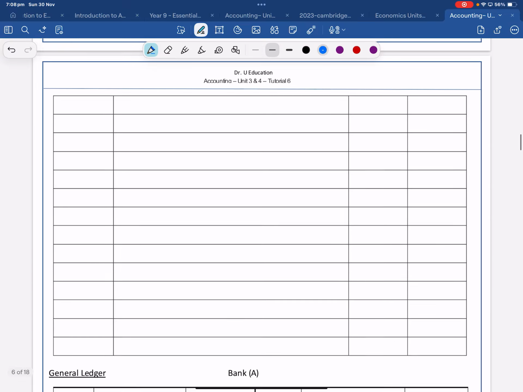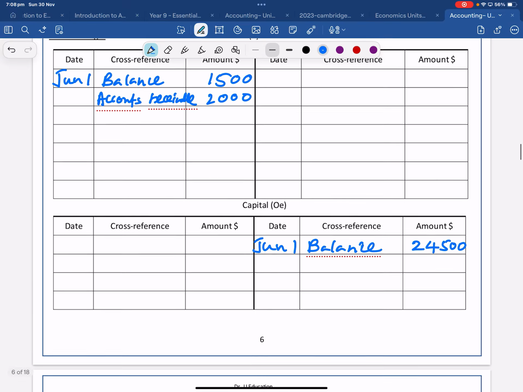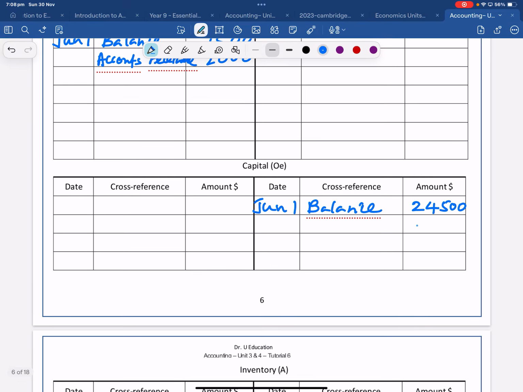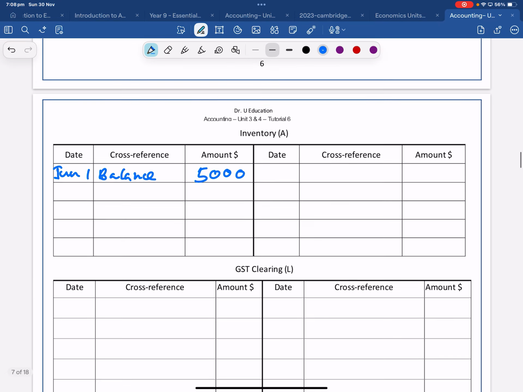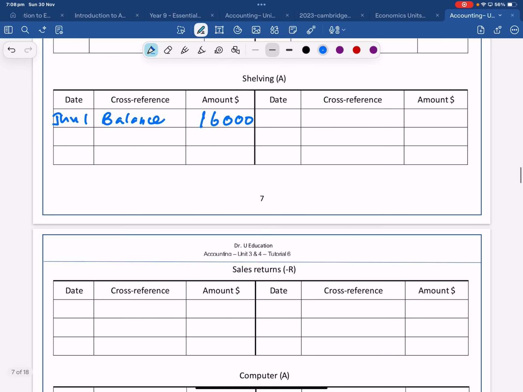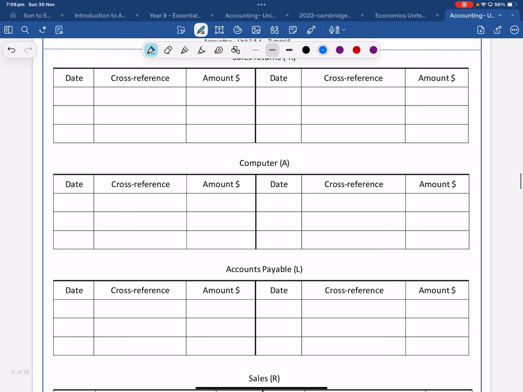Then the ledger accounts will be capital. We credit saying computers, June 3rd, yes. And then computer, do we have computers 2500 saying capital. Okay.